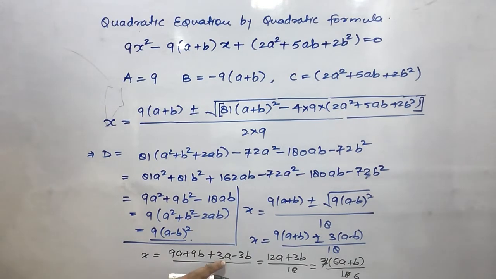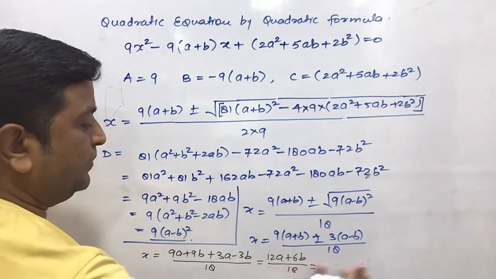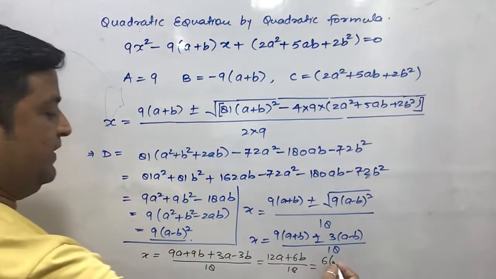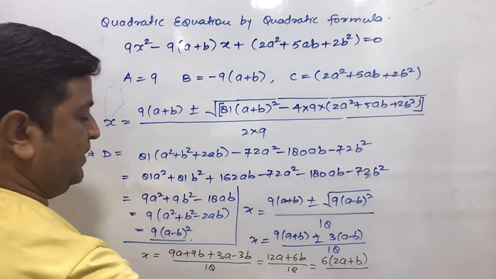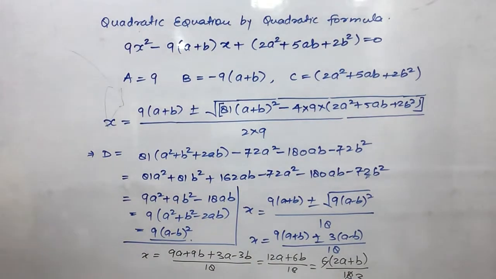Nine a plus 3a, here will be what? 12a. So what I will take common? 6. So what will be left? 2a plus b upon 18. 6 cancel हुआ, so your result is 2a plus b upon 3.